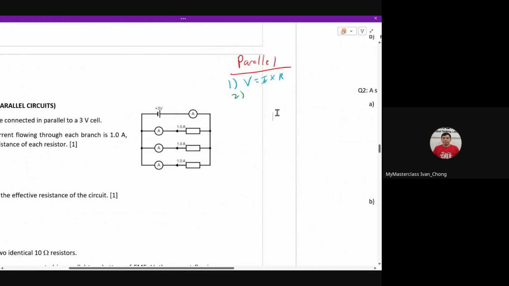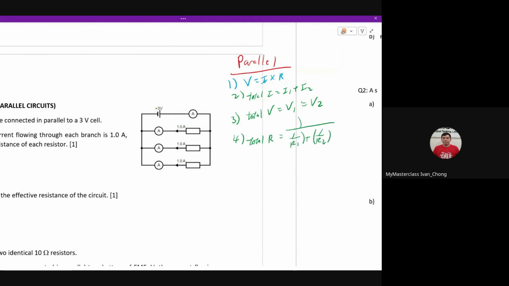Number 2, total I is I1 plus I2. Number 3, total V is V1 and V2, they are the same. Number 4, your effective resistance or your total resistance is this weird formula with R1, R2. I want to bracket it.